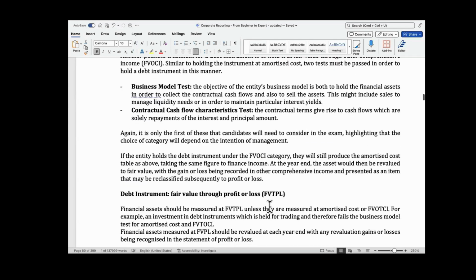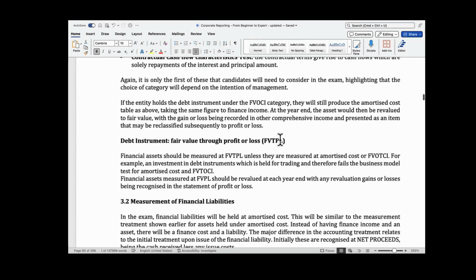But you see this third one, fair value through P&L. This one, there is no basis. It's just that if you cannot classify at fair value through OCI or at amortized cost, then you can classify and measure it at fair value through P&L. So just put it at fair value through P&L.